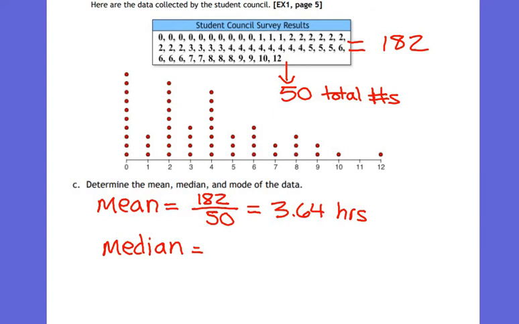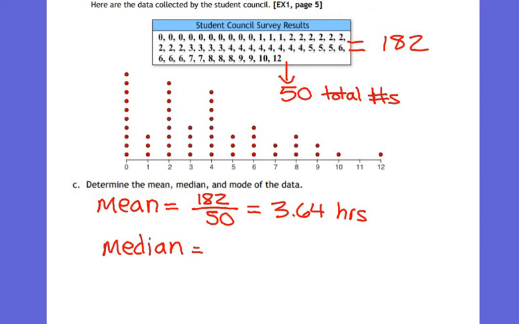Okay, so to find my median, my middle number, this is kind of how I like to do it. I either like to cover it with my finger, the 0 and the 12, and keep moving in till I get to the middle.